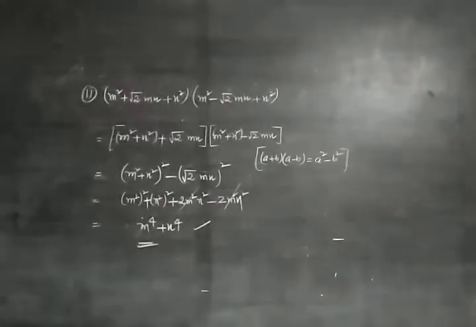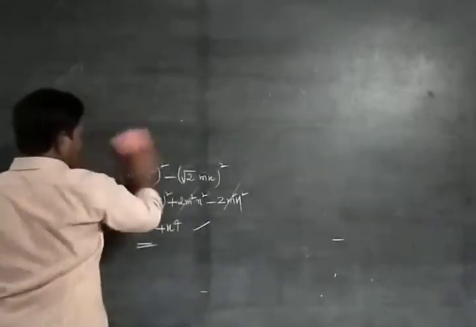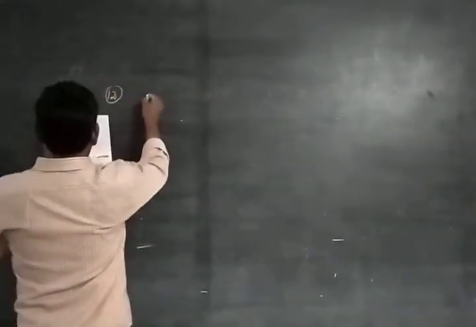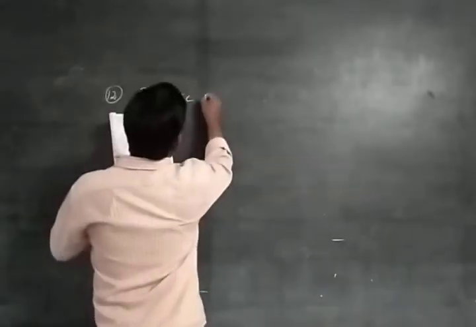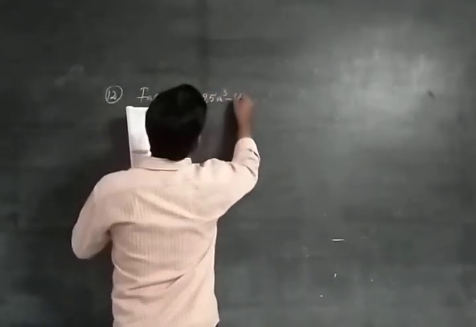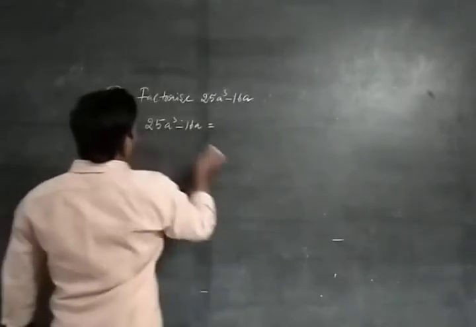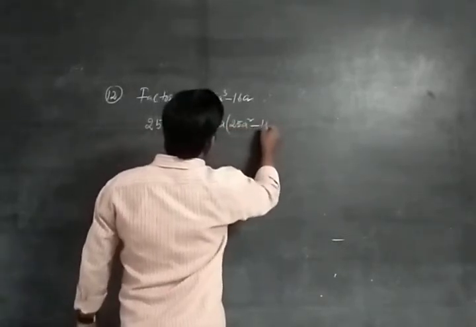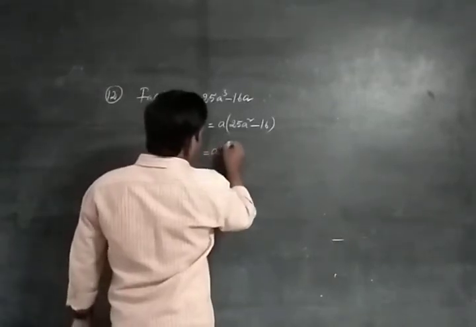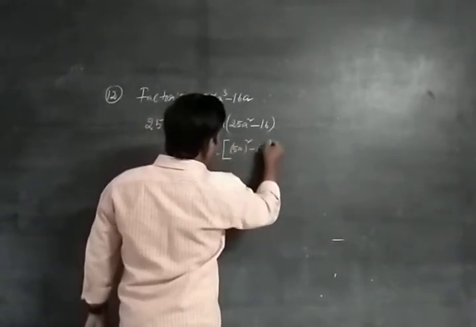Now 12th one. Factorize 25a cube minus 16a. 25a cube minus 16a equal to, okay, a is the common one, and 25a square minus 16 equal to a into, this is modified as 5a whole square minus 4 whole square.